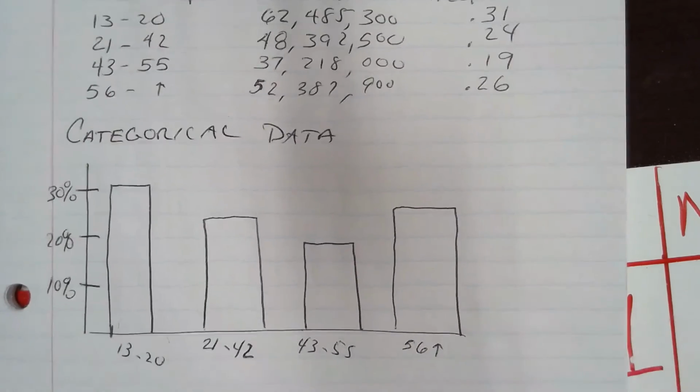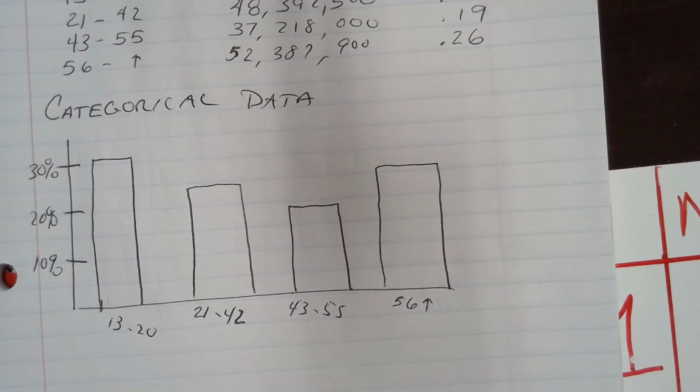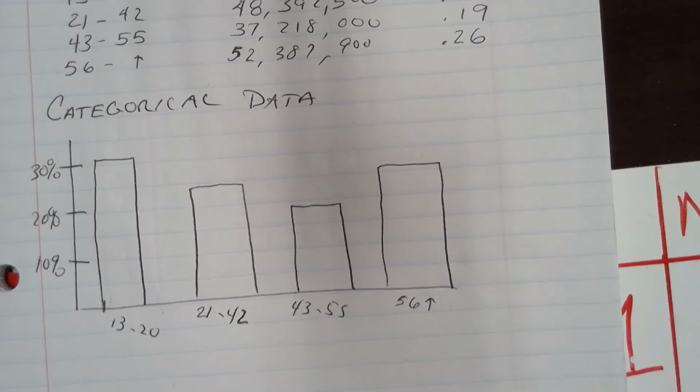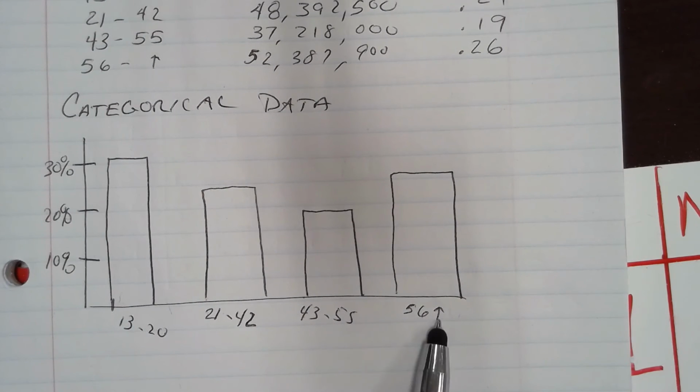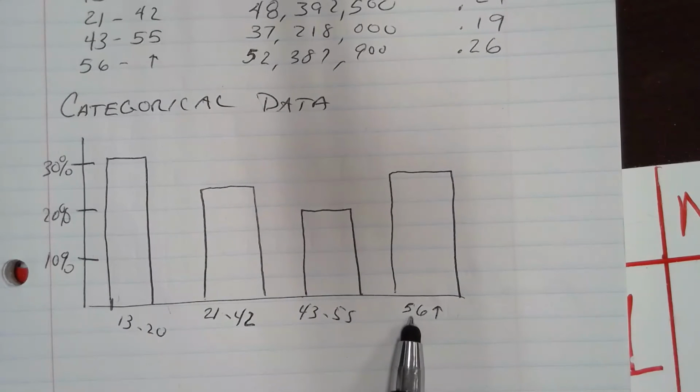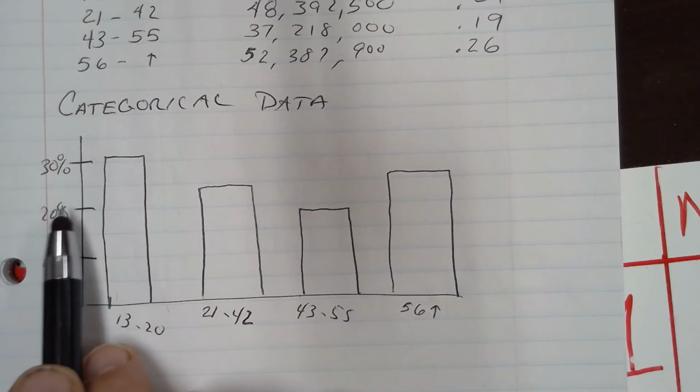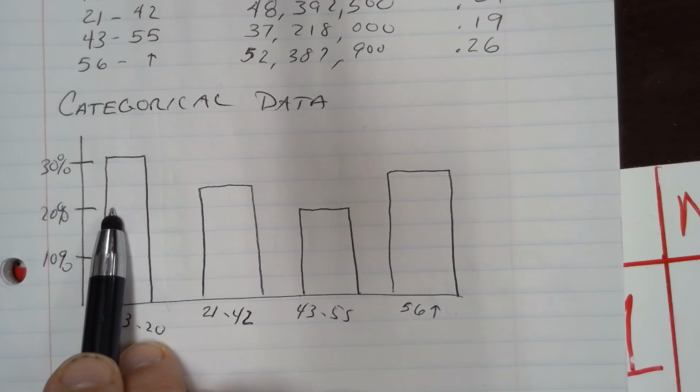Okay, now what's good about a bar graph? Well, it gives me an idea of who is using Facebook more often, right? And you know, Facebook is one of the biggest data collection agencies out there, right? They collect data all the time. You simply talk about something and it shows up on your Facebook page, right? But one of the questions I might ask would be why this category is almost as high as the younger people, younger generation.